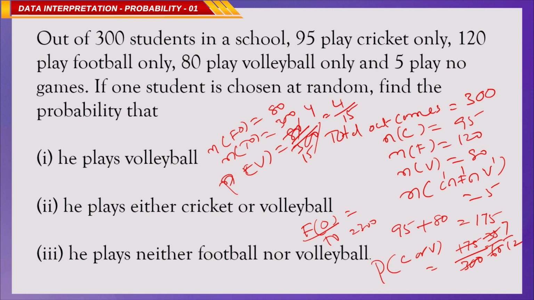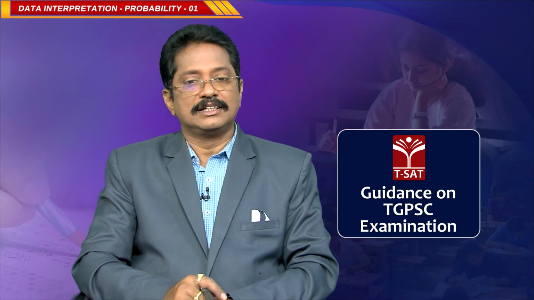He plays neither football nor volleyball. So they should not play football or volleyball. Five play no game, so 300 minus 5 is 295. But for neither football nor volleyball, simply find those who play football and volleyball and subtract from 1, because the complementary probability is 1.